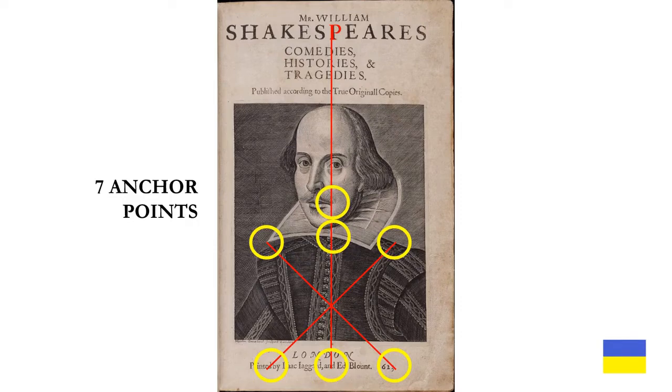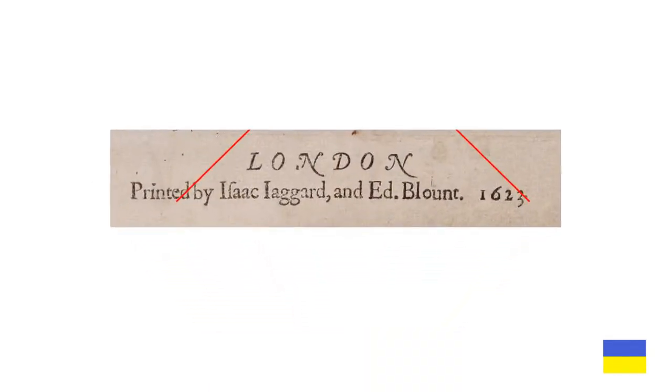Now let's look at the bottom of this Chi-Rho monogram. As you can see, the left-hand terminal point is at the lowercase e in "printed." And the right-hand terminal point is obviously going to be at the period after 1623.